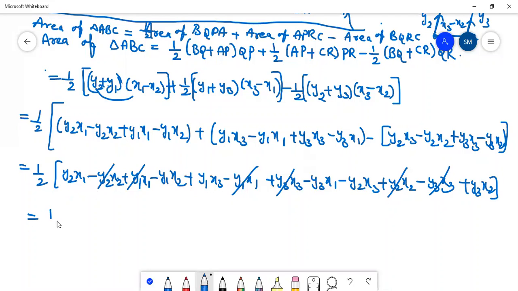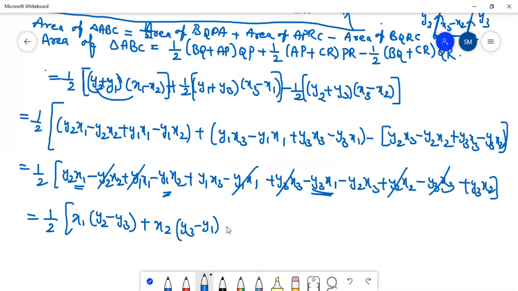Next, we take x1 common from two terms, that is y2 minus y3, plus x2 taking common, that is y3 minus y1, plus x3 taking common, y1 minus y2.